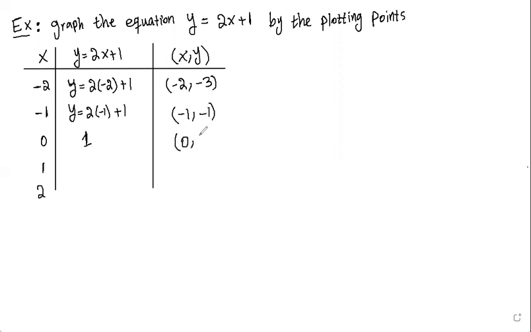Here 0 and 1. For the 1, y equals 2 times 1 plus 1, which gives me 2 plus 1 is 3. So 1 and 3. For the 2, 2 times 2 is 4, plus 1 is 5. So 2 and 5.